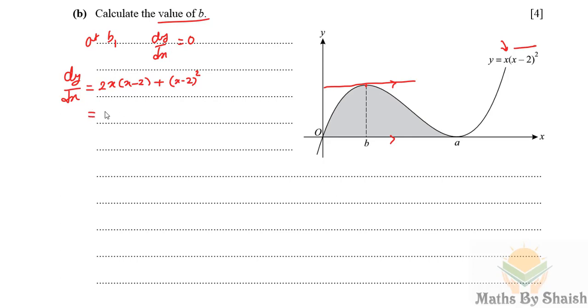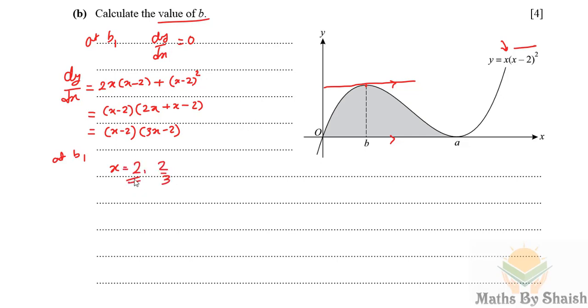So I'll take (x minus 2) common, and we are left with 2x plus x minus 2. So it becomes (x minus 2) and (3x minus 2), and since at b dy over dx is 0, it is going to be x equal to 2 or 2 by 3.